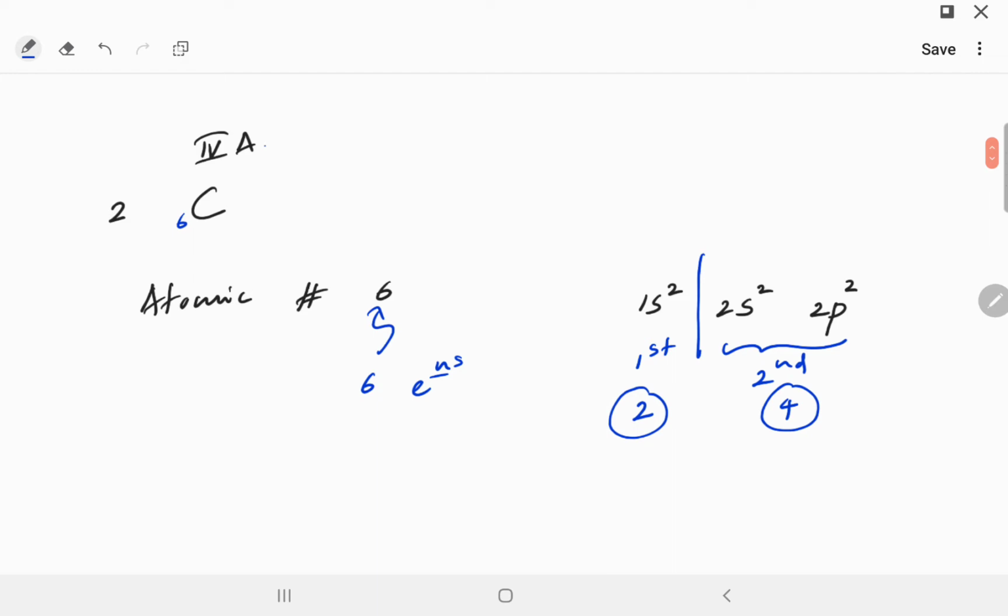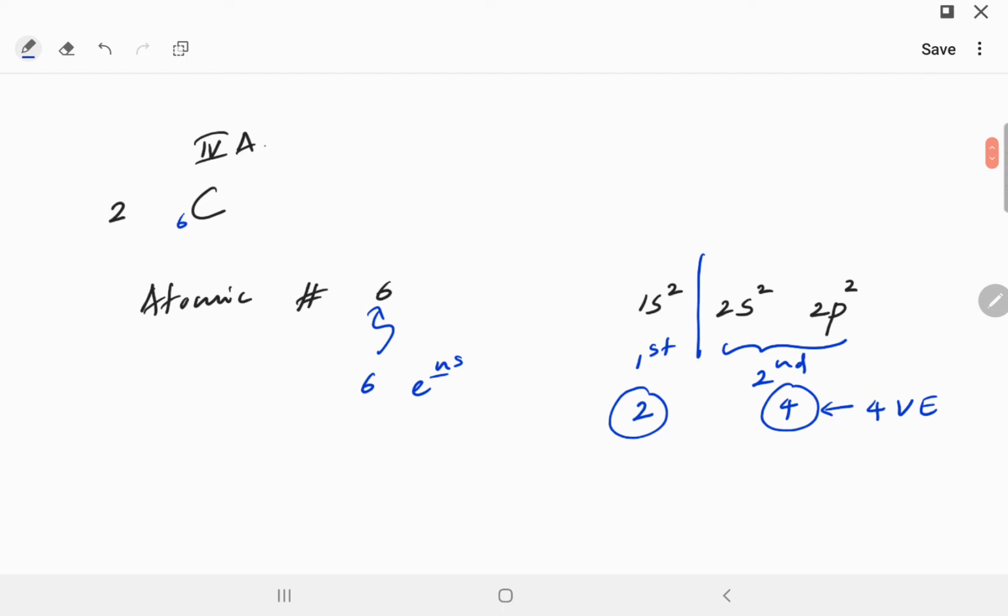The second electron shell, or the outermost electron shell, has 4 electrons. This outermost electron shell is also known as the valence shell, and it has 4 valence electrons.